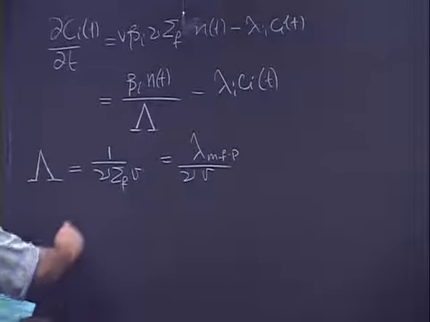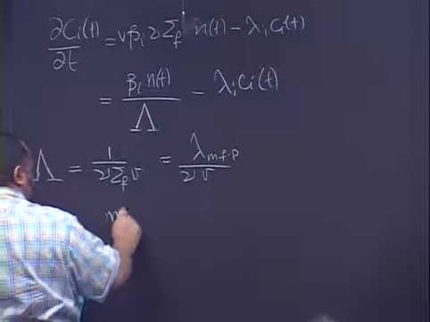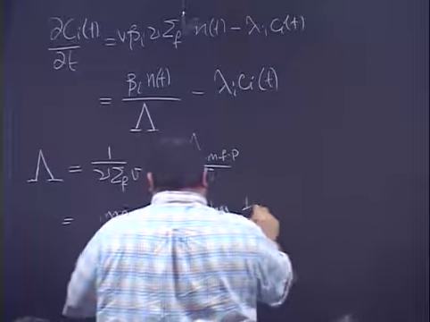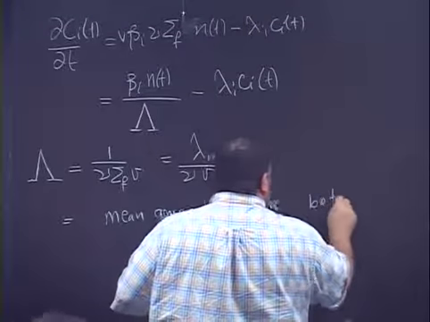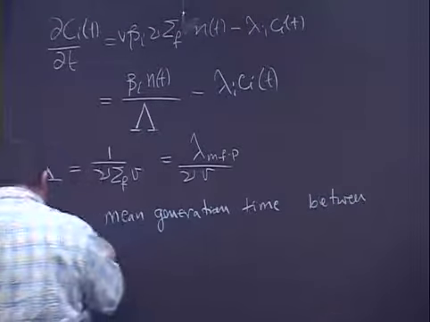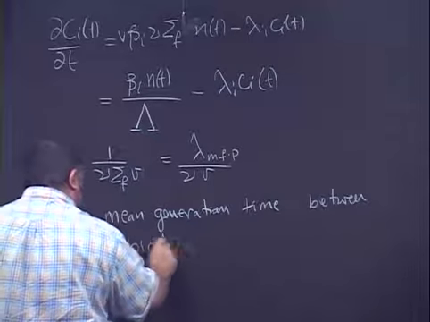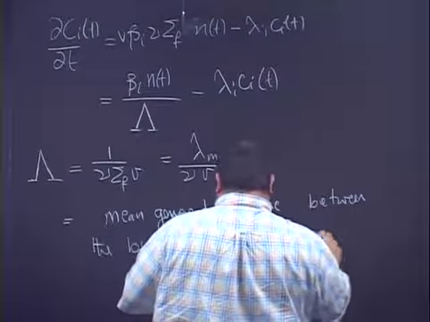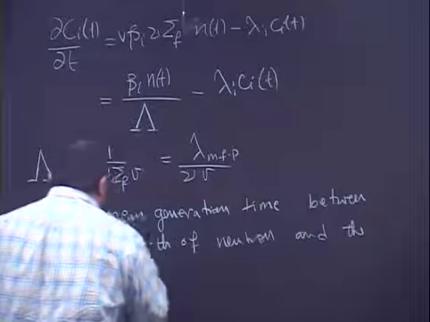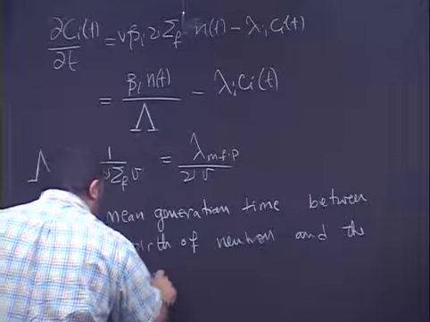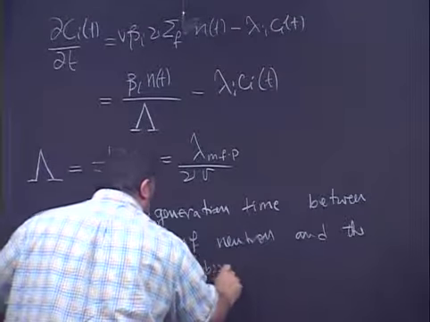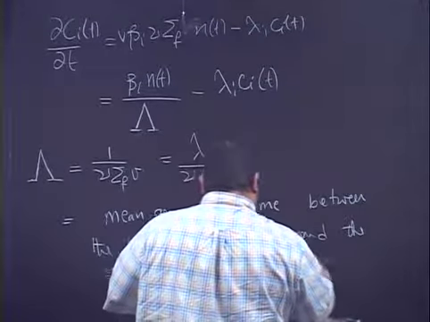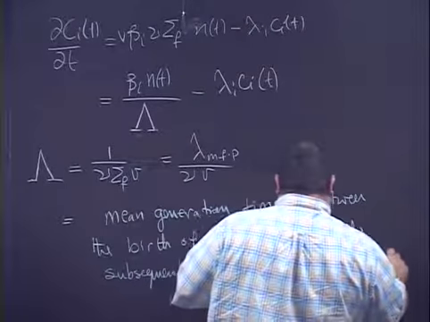So this is defined as the mean generation time between the birth of a neutron and the subsequent absorption leading to fission.